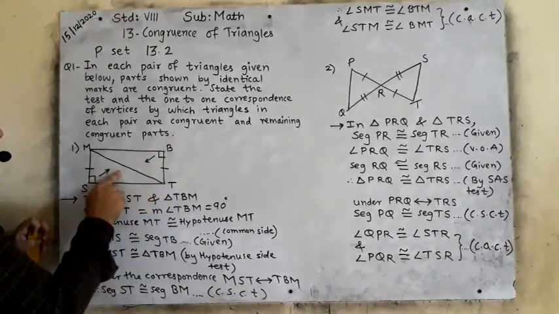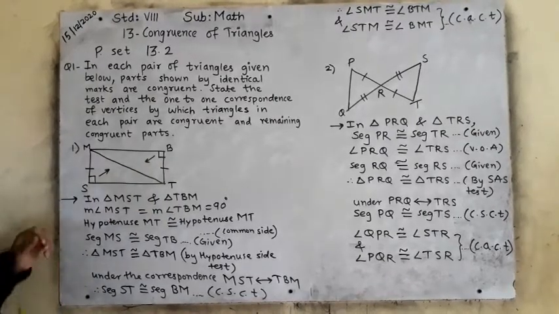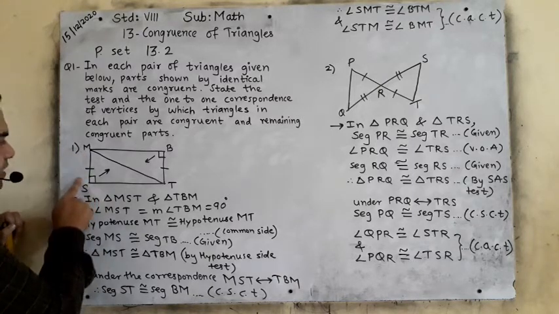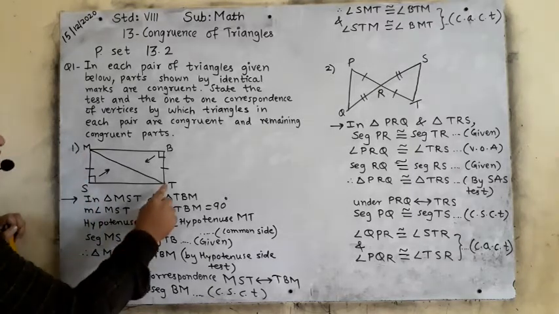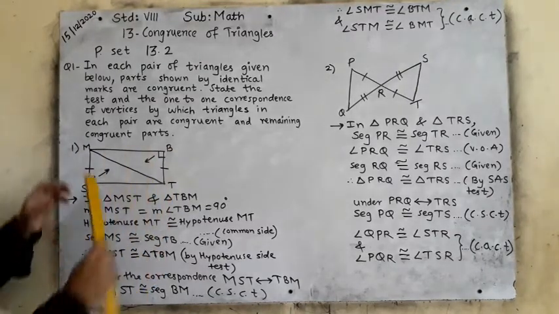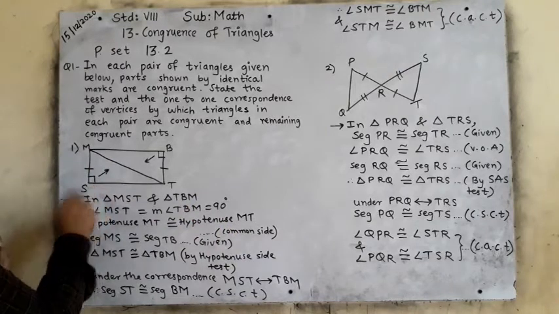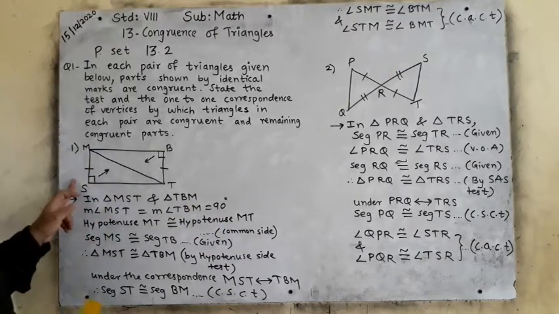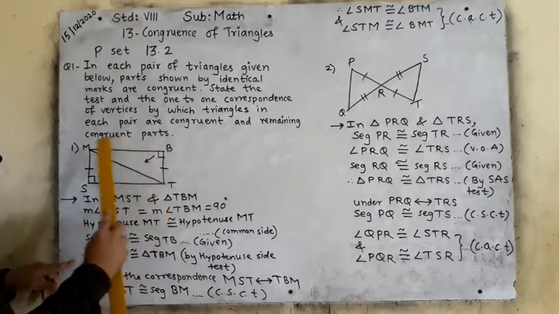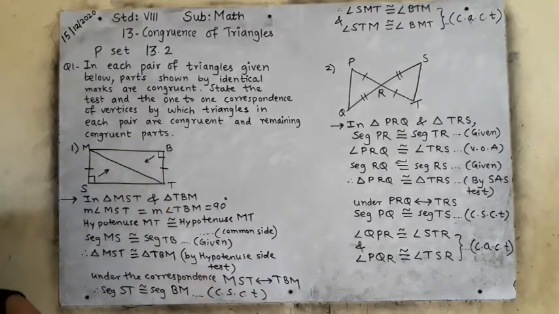Because the opposite side of 90 degree is called hypotenuse. That is your common side. Now you will write: segment MS is congruent to segment TB, identical mark is there. So therefore, triangle MST is congruent to triangle TBM by hypotenuse side test.